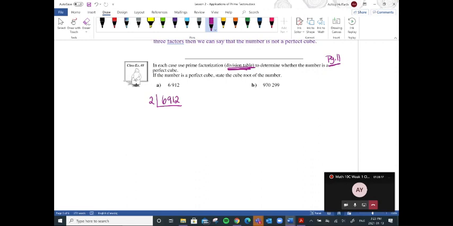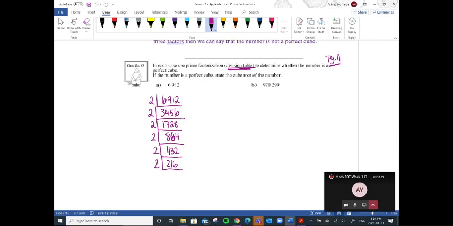So 6,912 divided by 2 would leave me with 3,456. It's even, so let's divide by 2 again. That leaves me with 1,728. Divide by 2 again. 864. Divide another 2. 432. Divide another 2. 216.